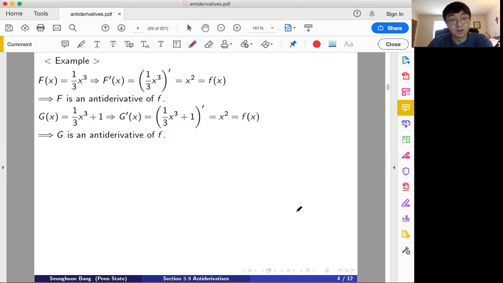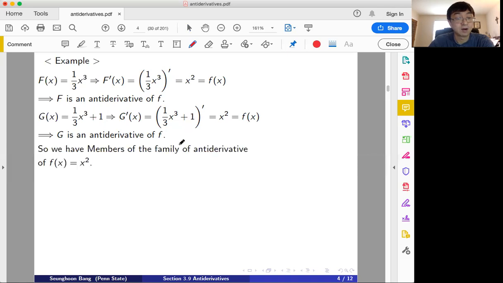So what does it mean? We have infinitely many antiderivatives. You can change this constant to 2, we have the same answer. Change to 3, we have the same answer.